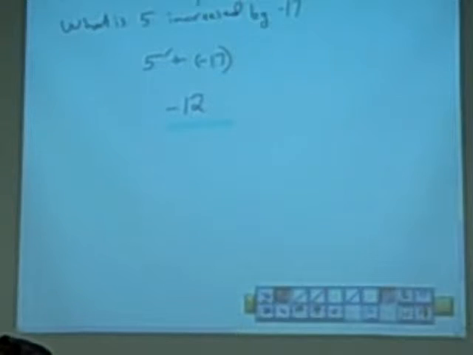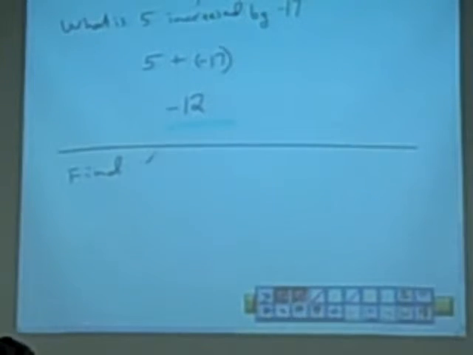Okay, here we have find the total of 3, negative 7, and negative 10.